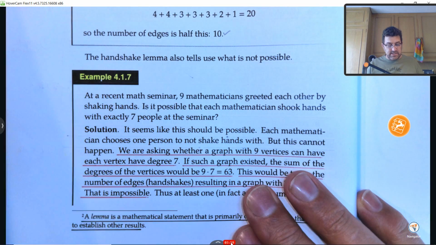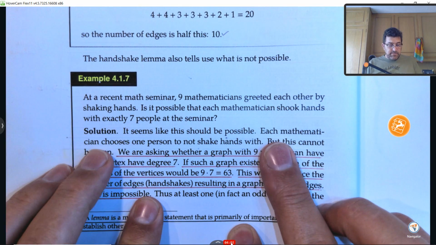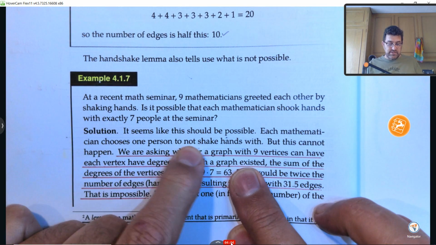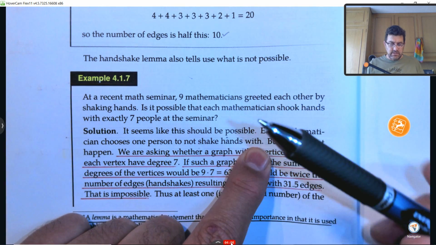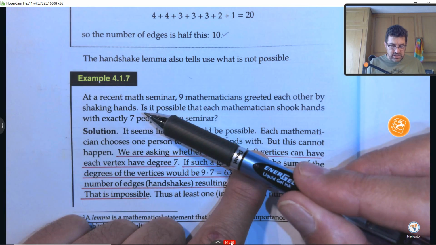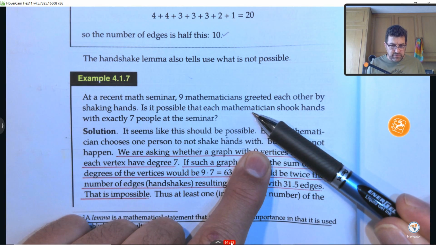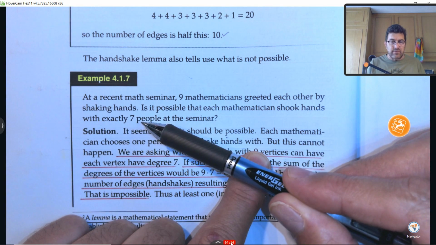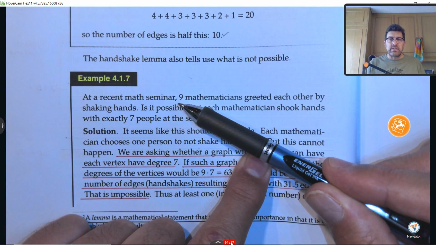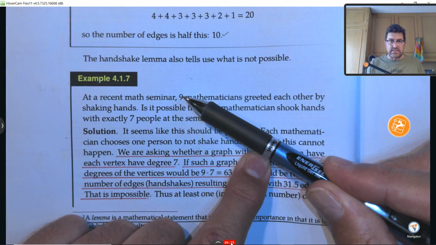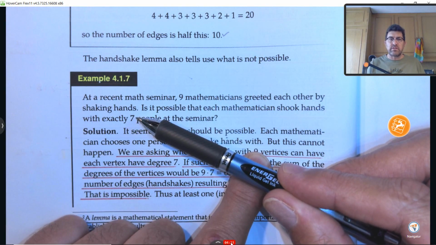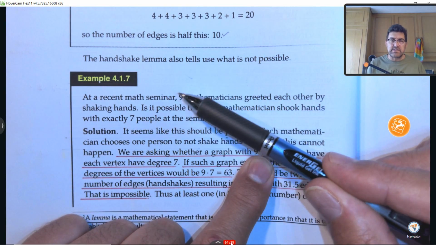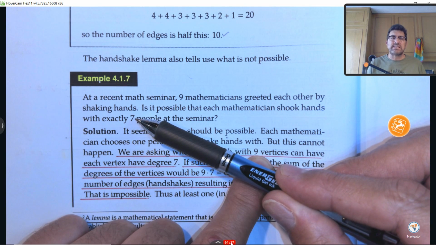Well, let's discuss that. Each mathematician chooses one person to not shake hands with here. So they're asking us the question, is it possible that each one of these shook hands with 7 people? So there's 9 vertices in this case, which each has a degree of 7.